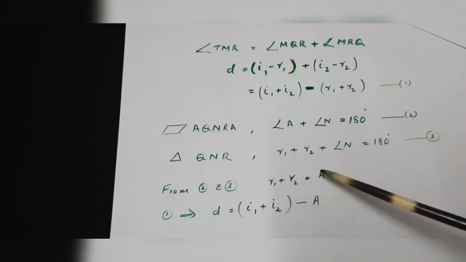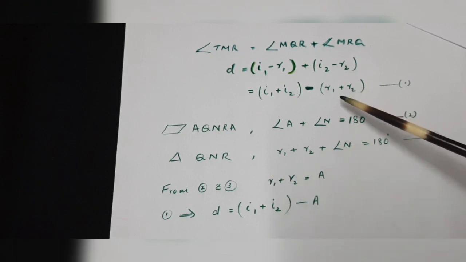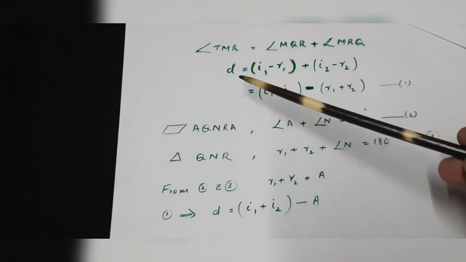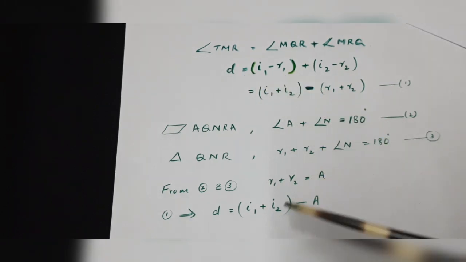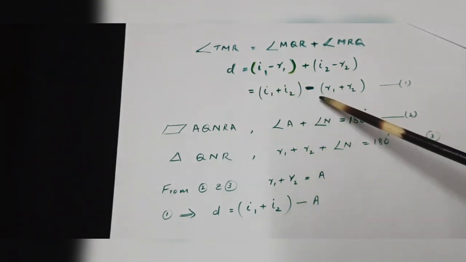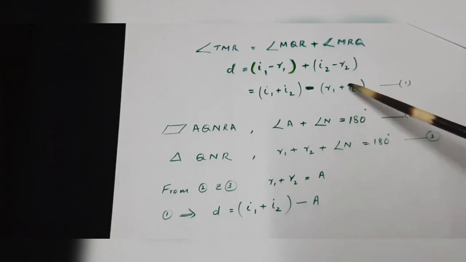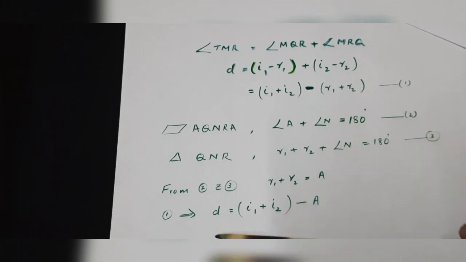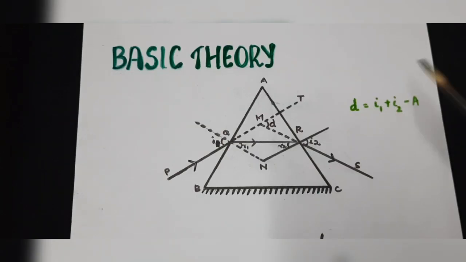Now using this relation in equation number 1, since R1 plus R2 is equal to A, my final equation is D equals I1 plus I2 minus A.